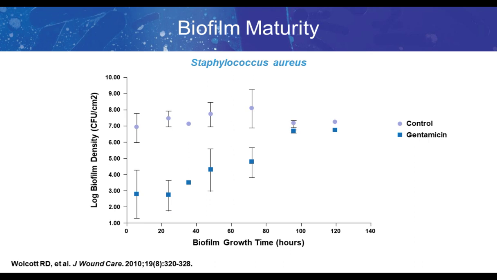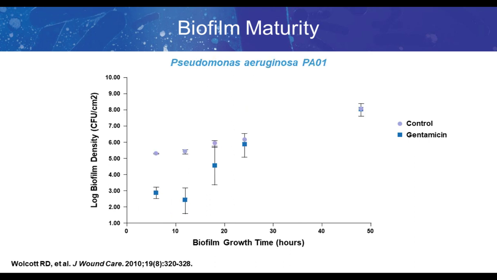When the biofilm is treated at 4 hours or 24 hours, we get a log reduction around 4 logs. But then over time, we get less and less log reduction as the biofilm ages. By 96 hours, we don't see really any effect of the antibiotic, and farther out at 120 hours, we don't see any effect. So it develops relatively slowly over time.